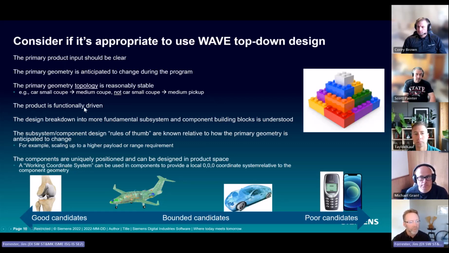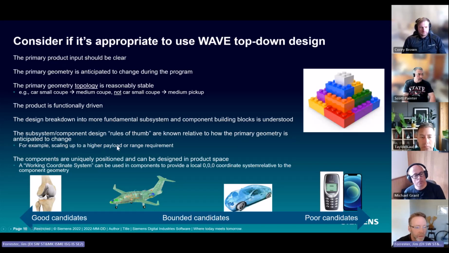The product is functionally driven. The design breakdown into more fundamental subsystems and components is well understood. The subsystem component design rules of thumb are known relative to how the primary geometry is anticipated to change. For example, scaling up or down of a payload or range requirement.